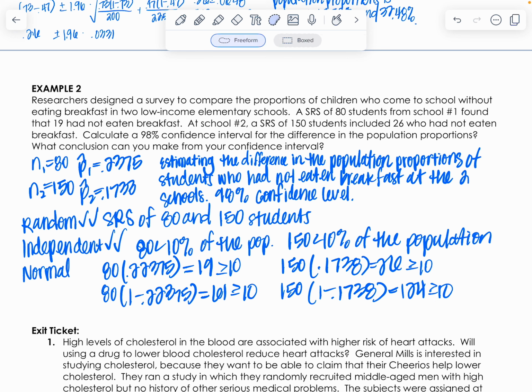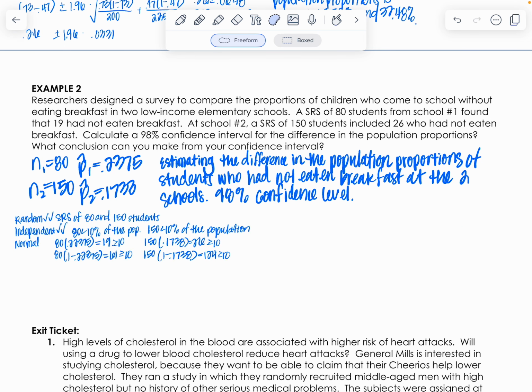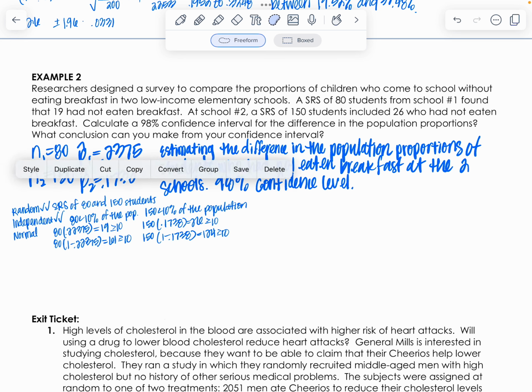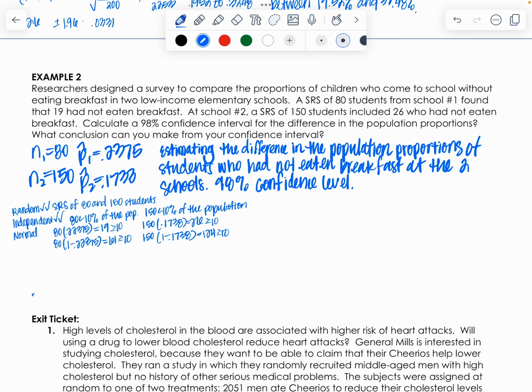Okay, so here I'm going to shrink down this to give me space. Okay, so now we show our work. So we've got our 0.2375 minus 0.1738 plus or minus that critical value.